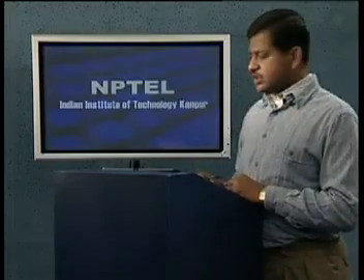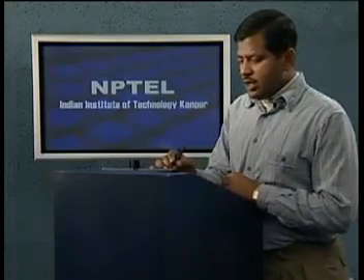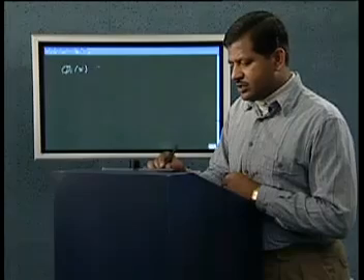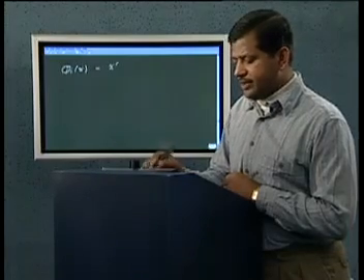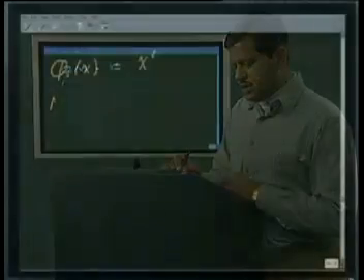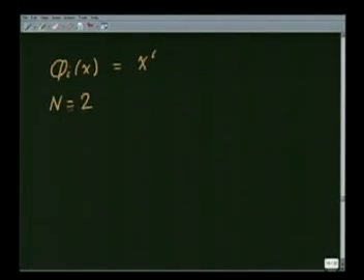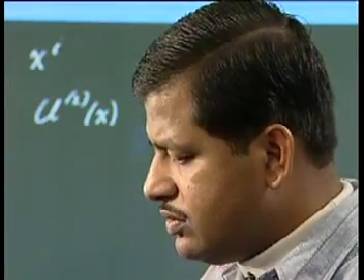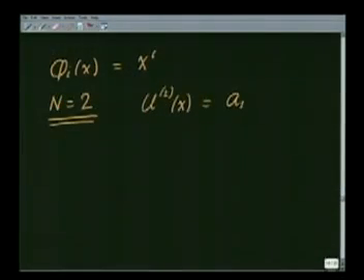Corresponding to this, if we now choose our phi i's as we have done earlier, equal to x to the power of i, and take a two-term solution, let us take n equal to 2. Then our u2 of x will be equal to a1 into x plus a2 x squared.